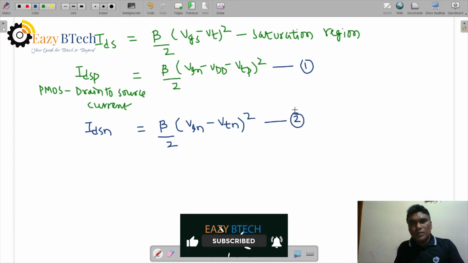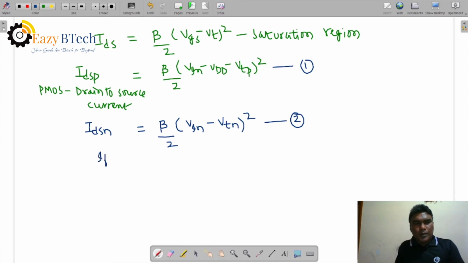This is beta p and this is beta n. If beta p is equal to beta n, that is, if both transistors are equal, the condition is input voltage is equal to output voltage, which is 0.5 VDD.